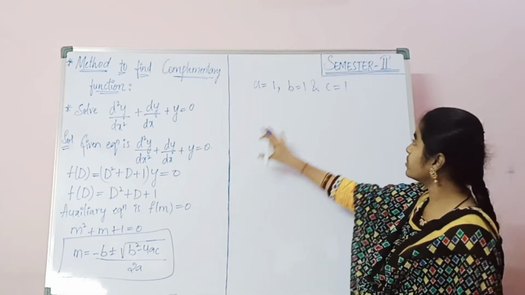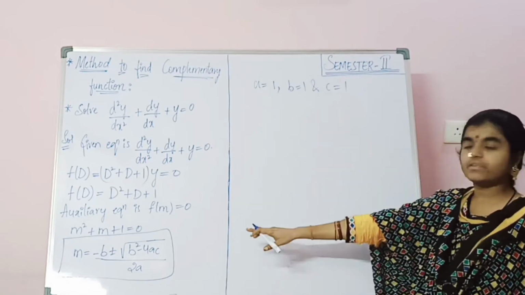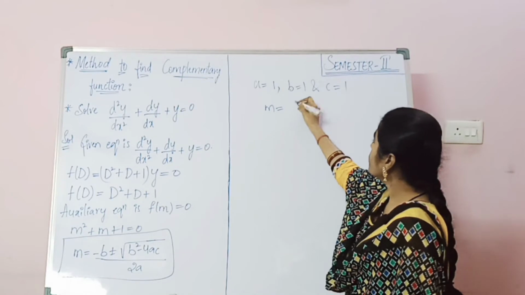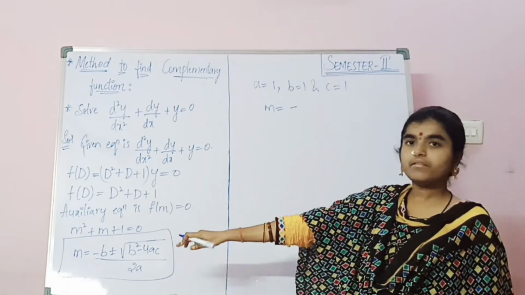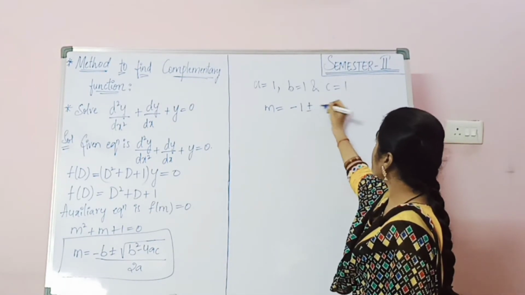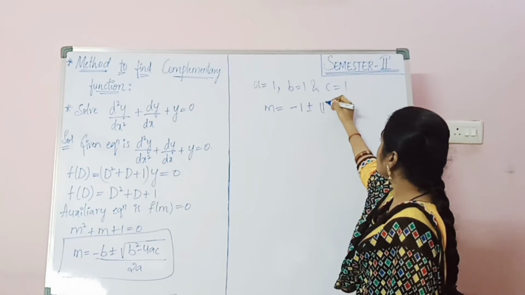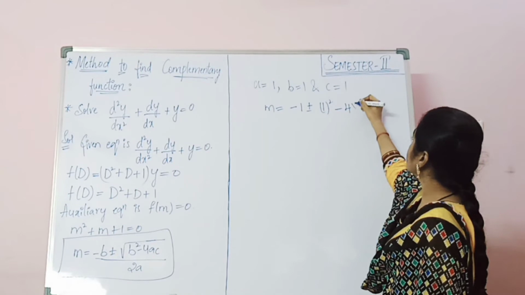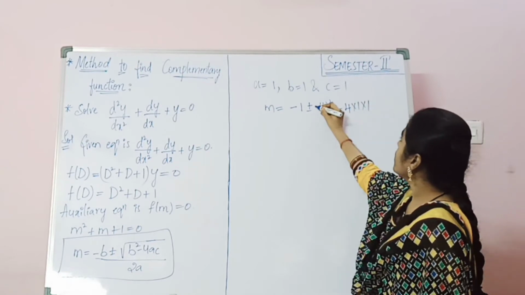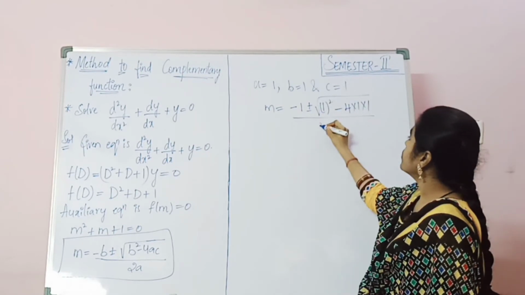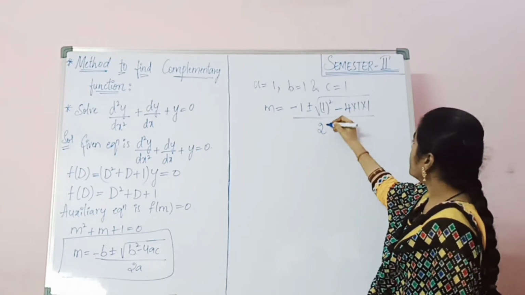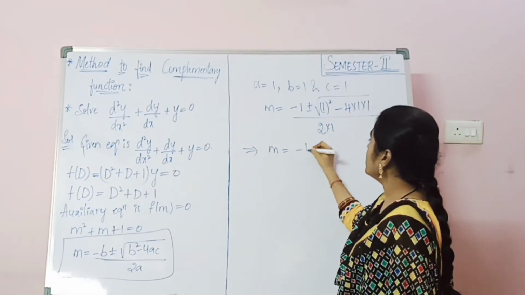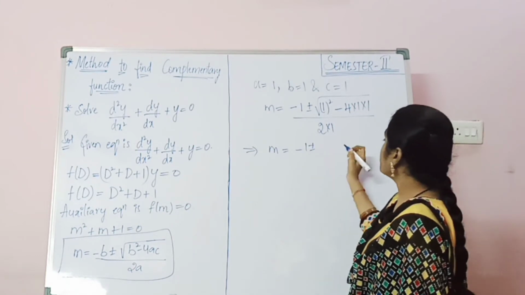Now we have to substitute these a, b, c values in the formula. So here m equals to, what is b? Minus 1 plus or minus square root of 1 whole square minus 4 into 1 into 1, by 2 into, what is a? 1.